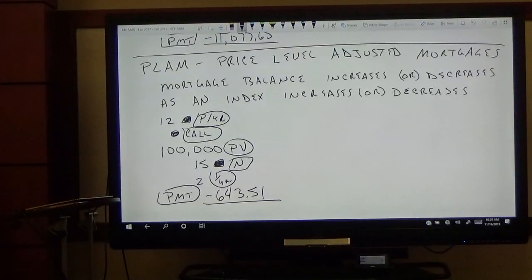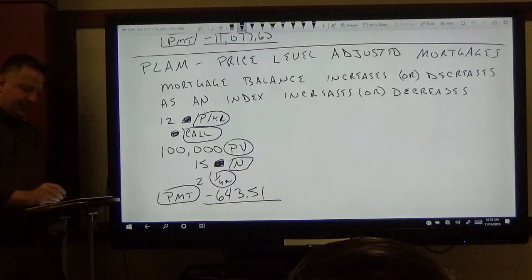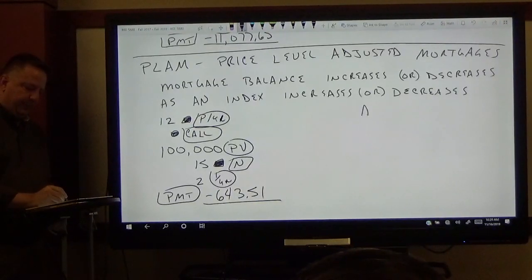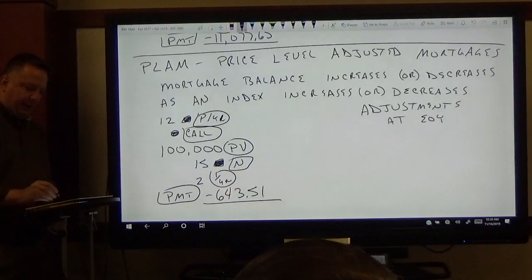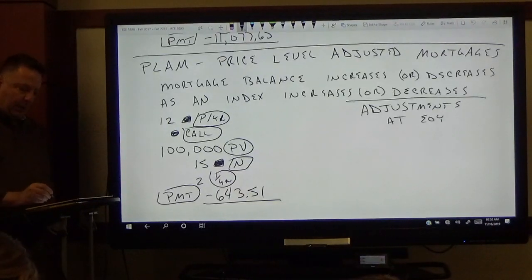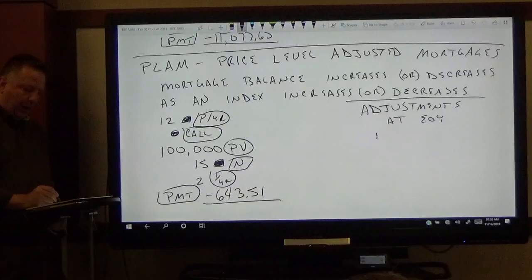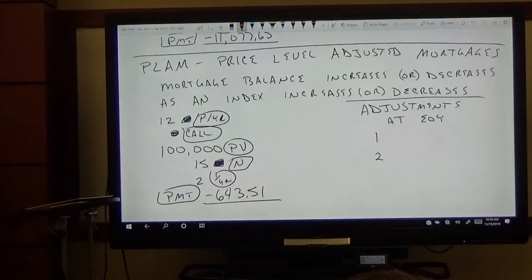All right, everybody good? Now, what they're going to do is they're going to make adjustments at the end of year. So in this case, at the end of year 1, and let's say end of year 2, and so forth, they're going to make adjustments either up or down, depending on what happens with this index that they've picked, whether it's consumer price index, housing index, whatever.